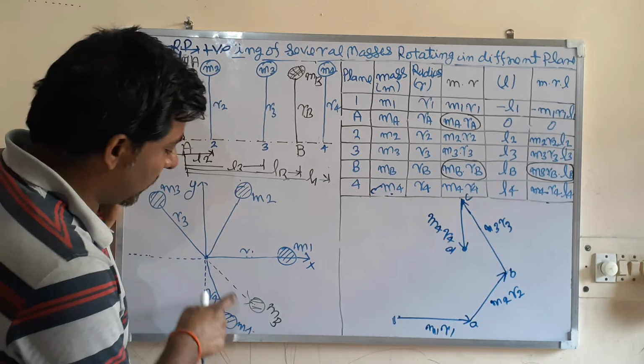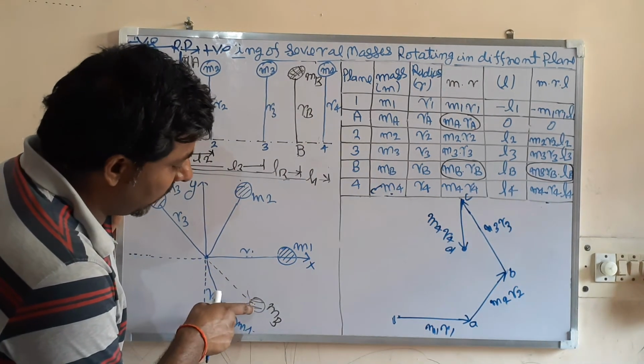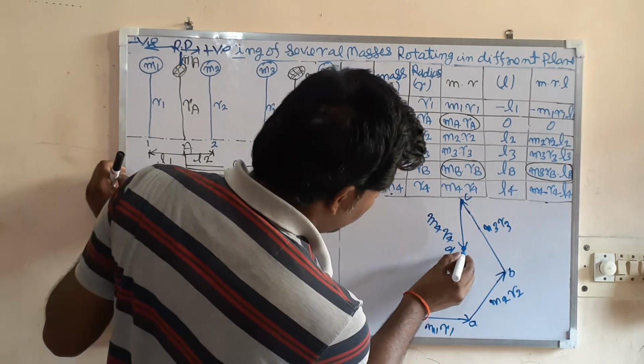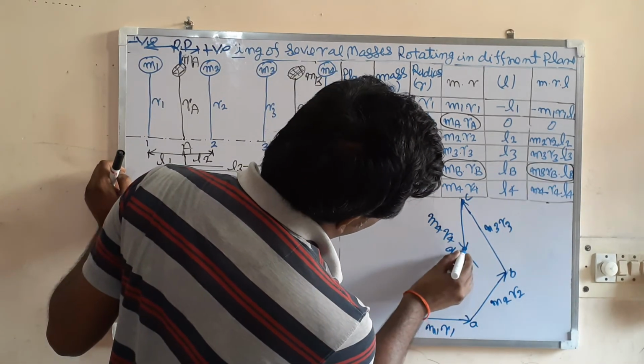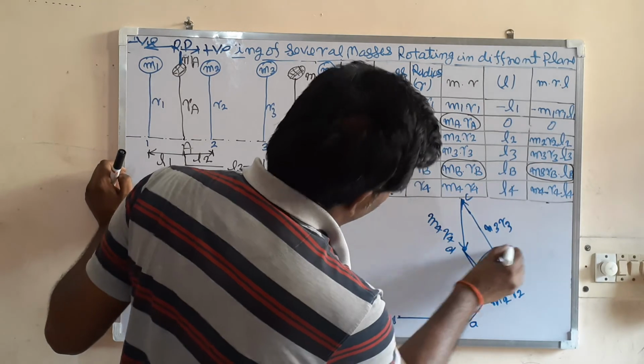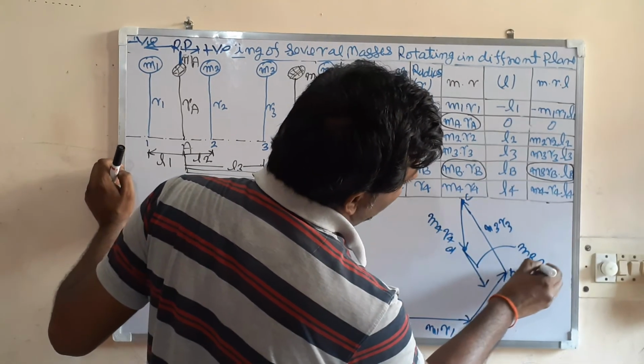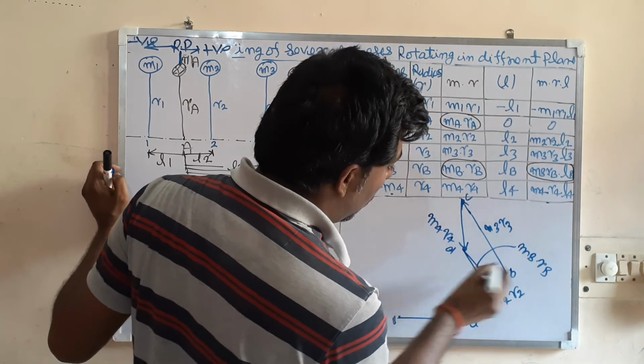Let us see what is the direction. Its direction is in this direction. So draw a line which is parallel to this. So this is MB into RB, which is known from the couple polygon.